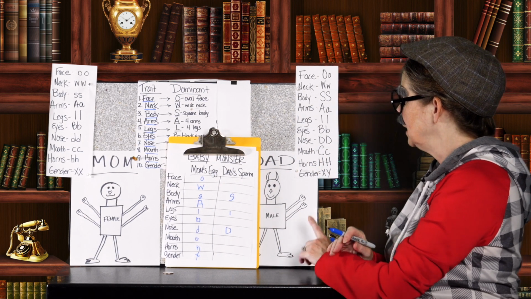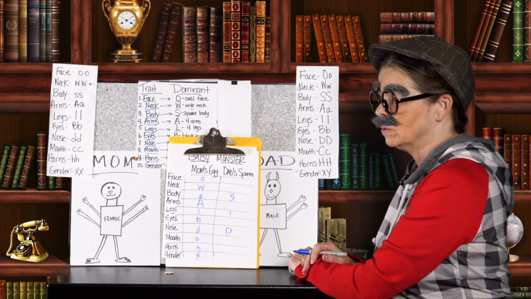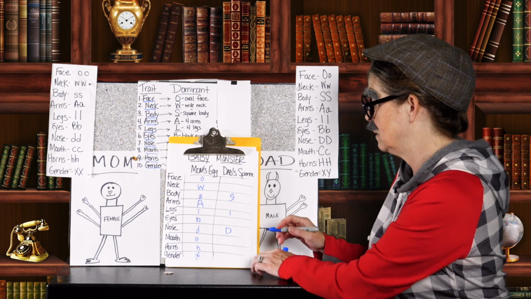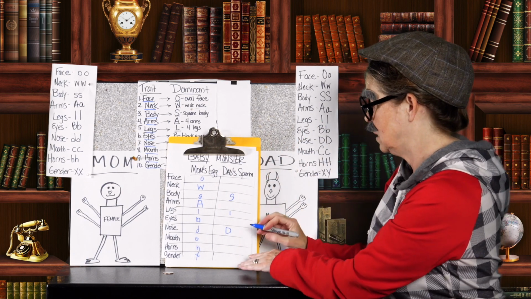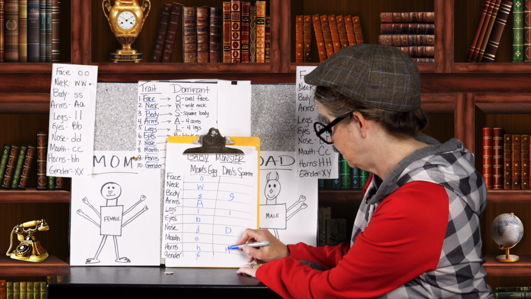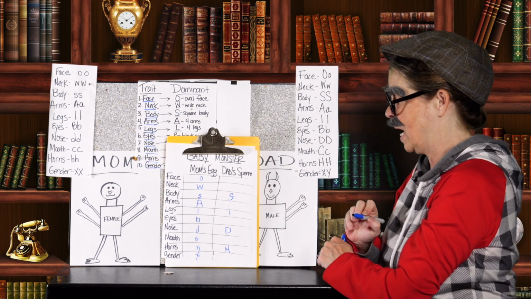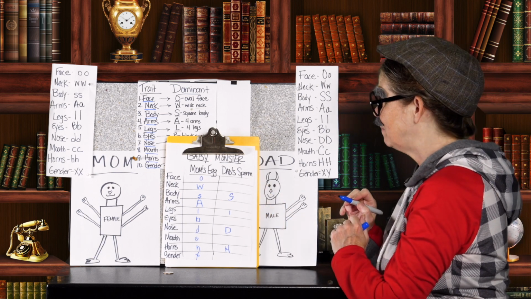Okay, and then when we get down to the horns, he's also got horns from both his mother and his father. He is a purebred two-horned monster, and so therefore he gets a capital H. Okay, and so these are the ones we're going to have to flip for.